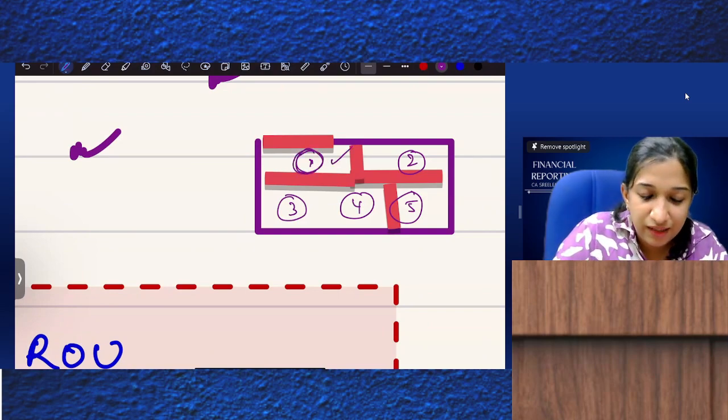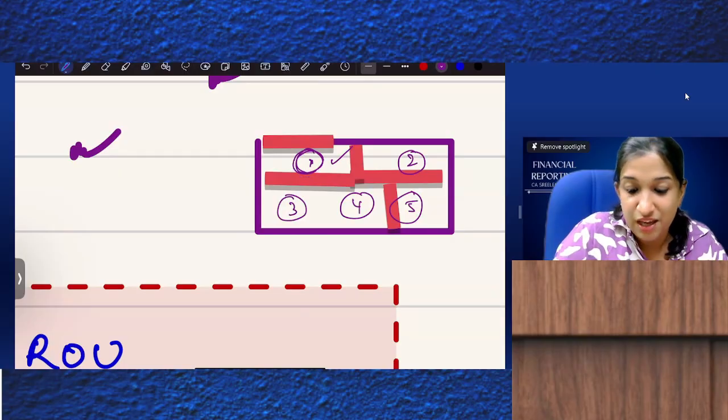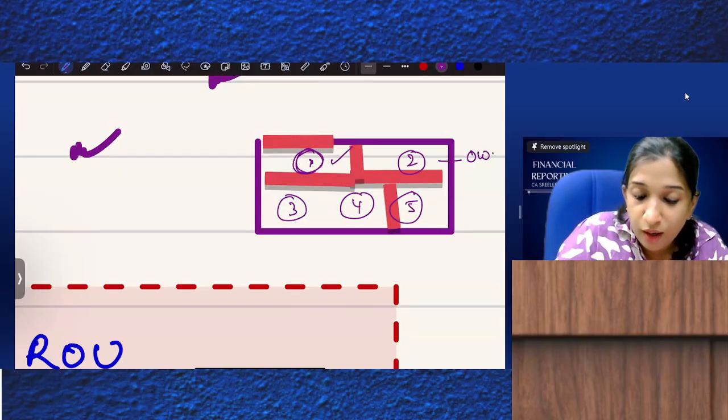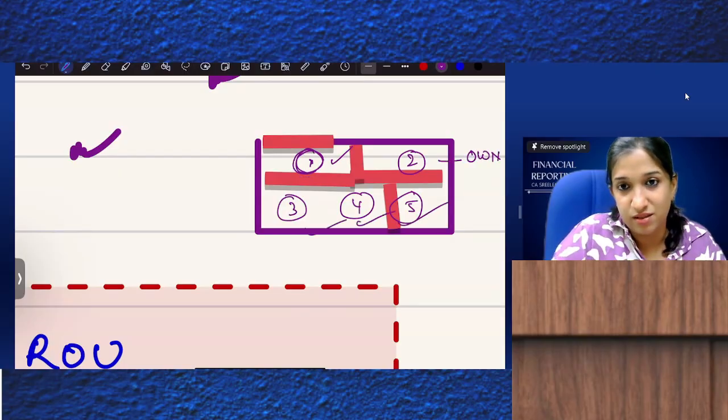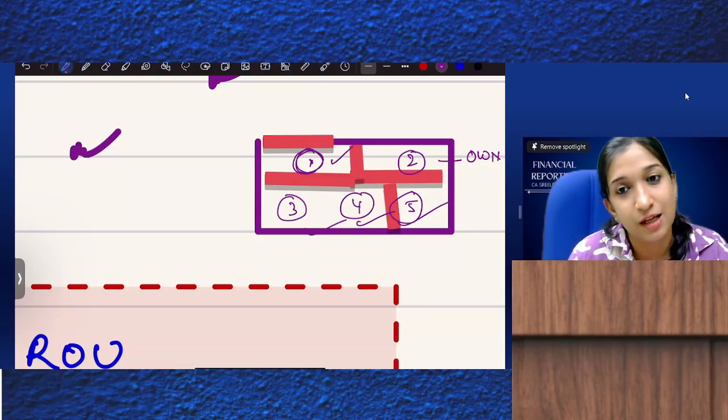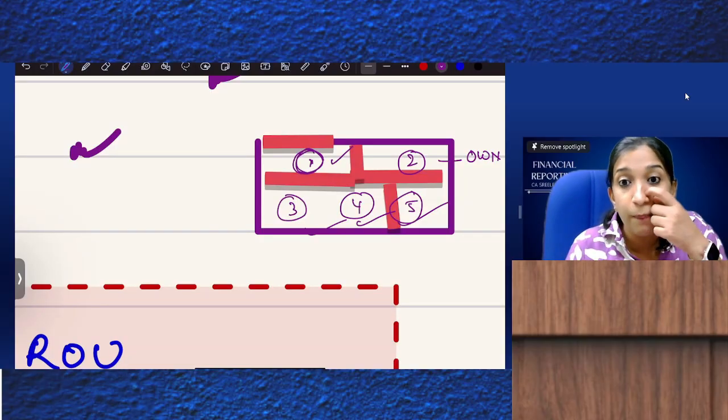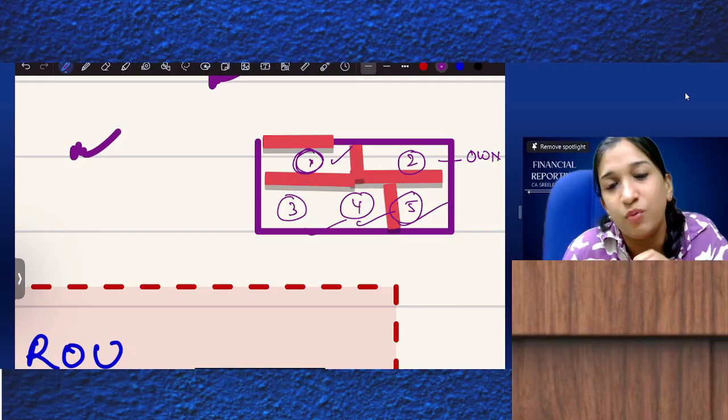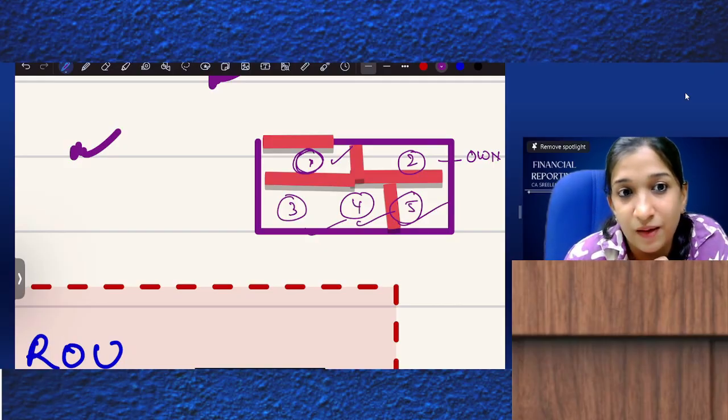Then this part 1 can be considered as low value, if I already own the other items. Are you clear? If I have taken one part as low value and all other parts are owned by me, then that part 1 can still be considered a low value item. Manasilayo?